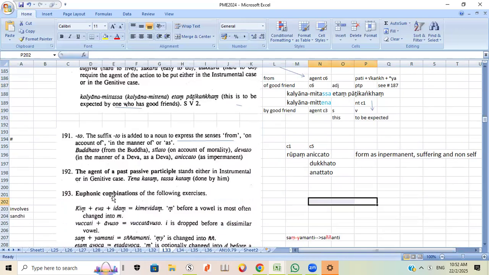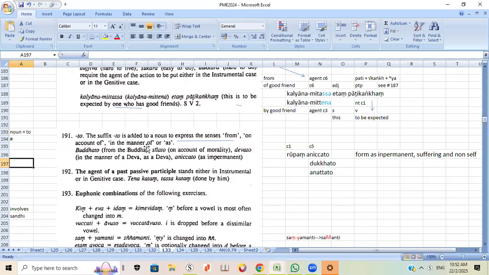Okay, the to is added to the noun. This is added to a noun, not a verb. Noun plus to. Remember, this is not a verb, not from a root.